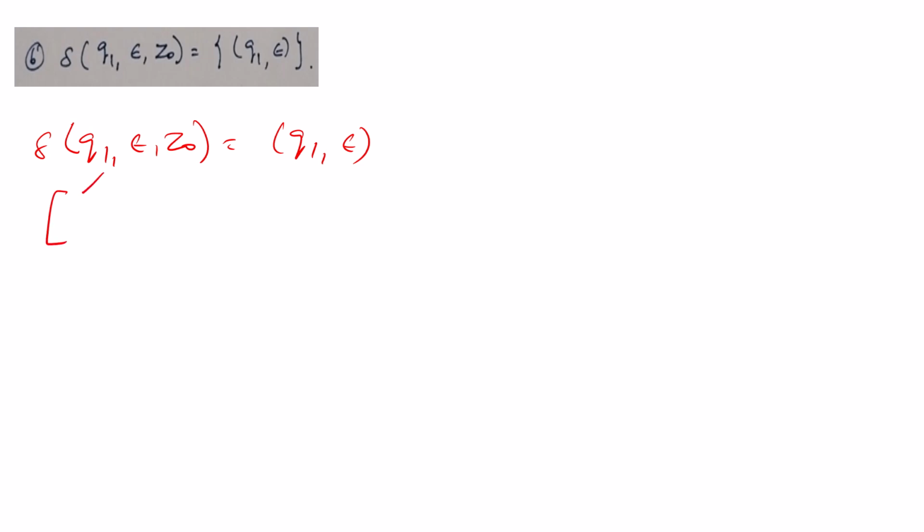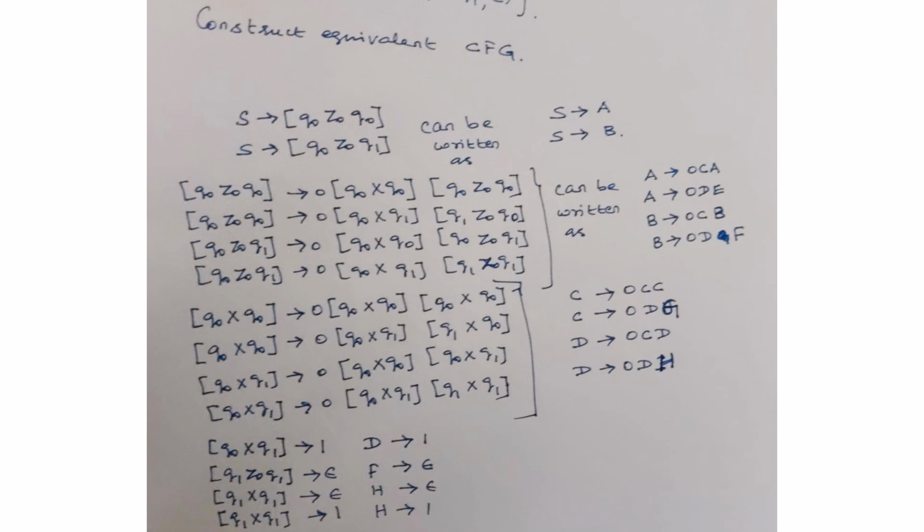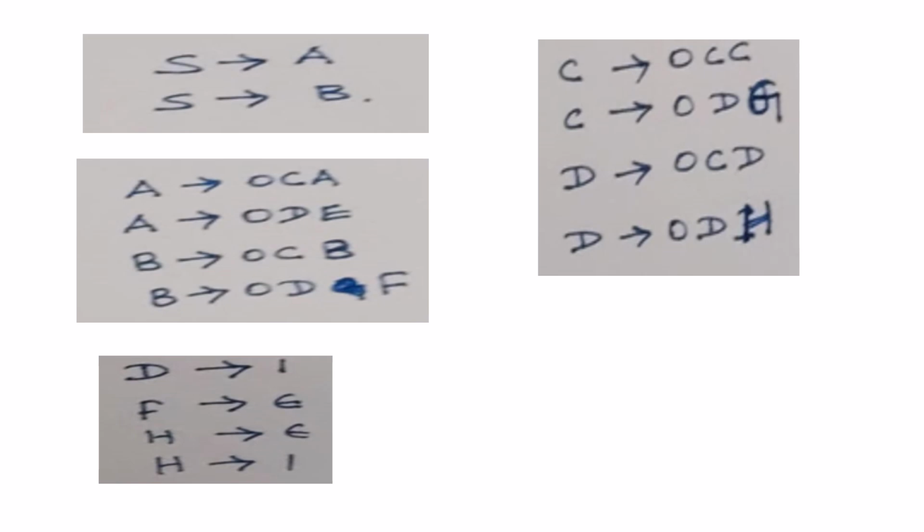So the production is [q1 Z0 q1] gives us ε. To reduce the complexity, we are giving names for the variables. So finally, we are obtaining these productions so that it is easy for us to simplify the grammar.